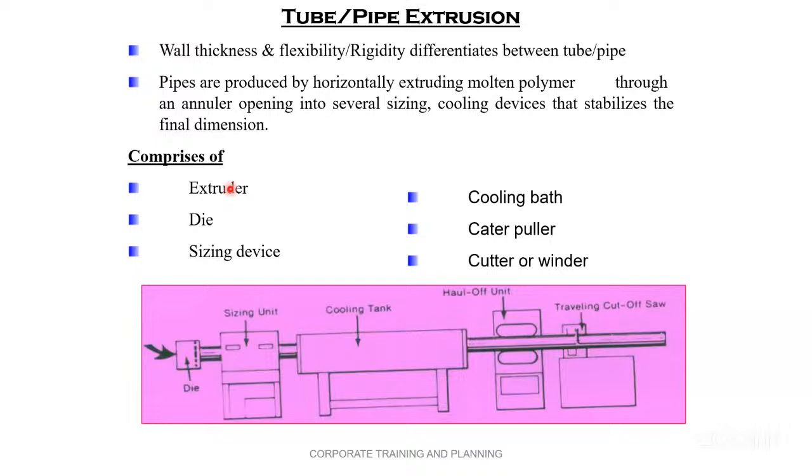These dies play a very important role because they give the final shape to your pipe. If you want a shining inside in a pipe, you will definitely get it. Therefore, there is a mandrel. We have seen the design of the die also. A die body is there, a convergence section is there, a divergence section is there. The centering screws are there to adjust the thickness of the pipe.